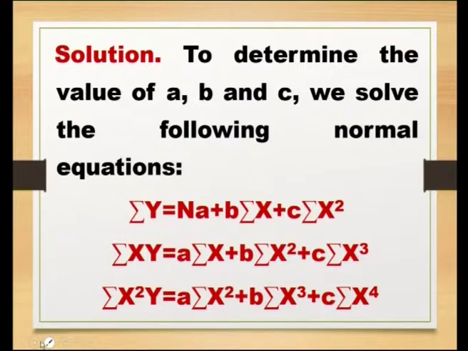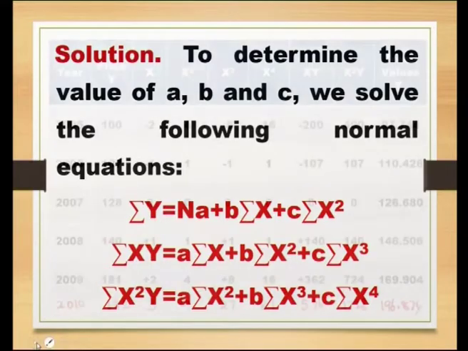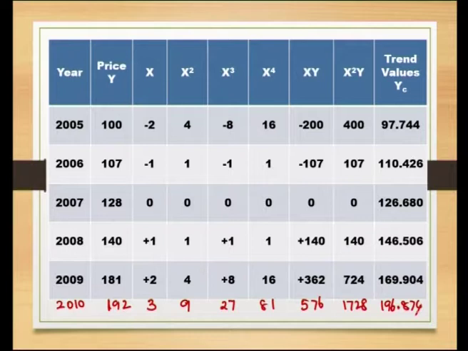Solution. To determine the values of a, b, c, we solve the following normal equations. The normal equations are written as 1, 2, 3. Now, this is the calculation wherein we have taken the year values.